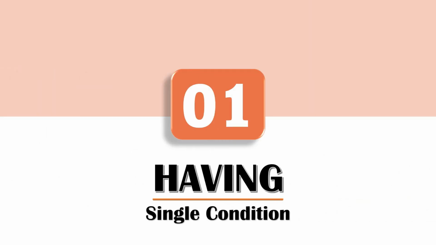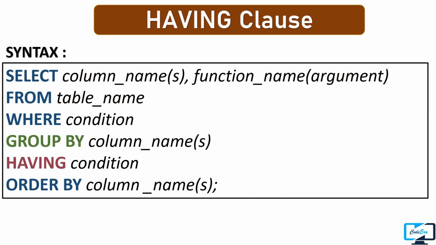So now let's see how we can use the having clause with the single condition. Here is the syntax to use having clause. With the select statement, we have to write the column name that we want to fetch, the aggregate function as per your requirement, and then we will write from clause with our table name.